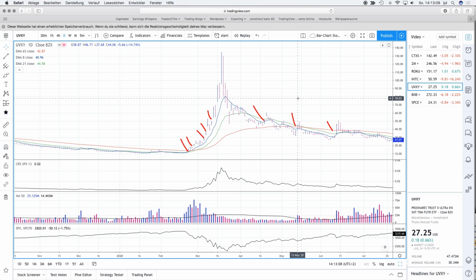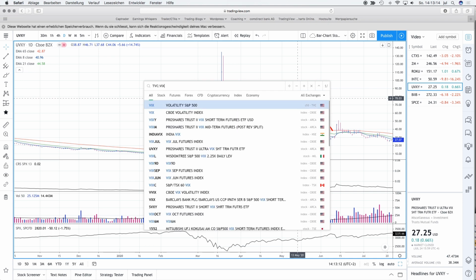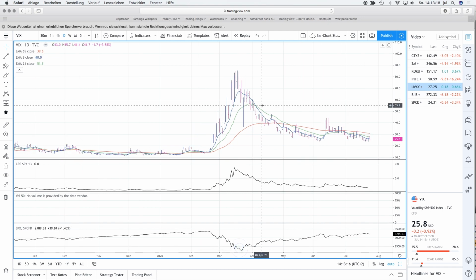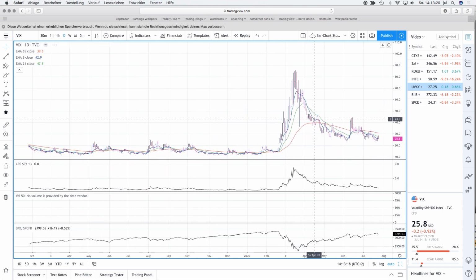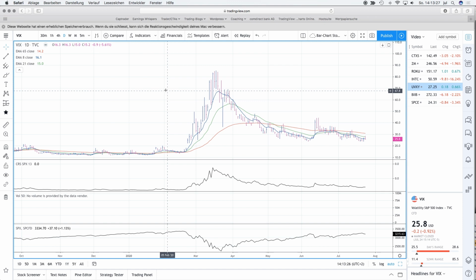The only way really to short volatility is maybe by playing the VIX, so really the volatility index, maybe via a future or via an option or whatever.